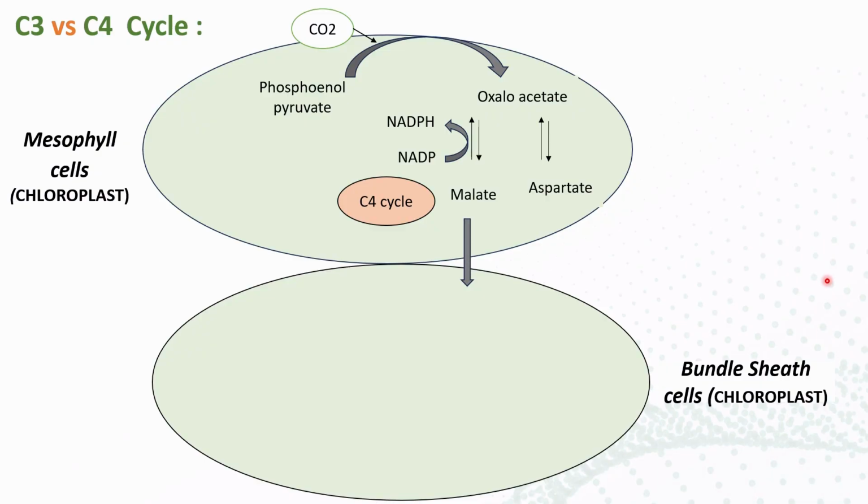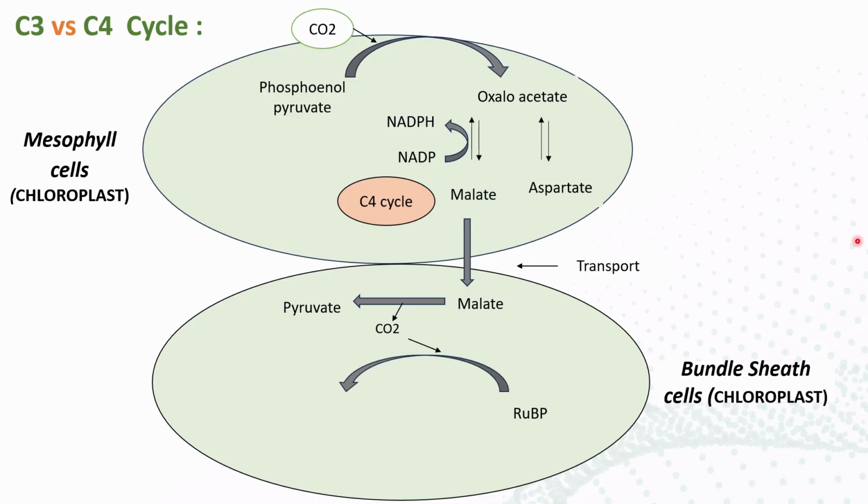In the next step, these malate molecules which were formed in the mesophyll cells will enter into the bundle sheath cells. It means they are transported into the bundle sheath cells here. This transported malate is converted into pyruvate molecules with the help of some enzymes, and it also evolves some carbon dioxide which is helpful for the C3 cycle within the bundle sheath cell.